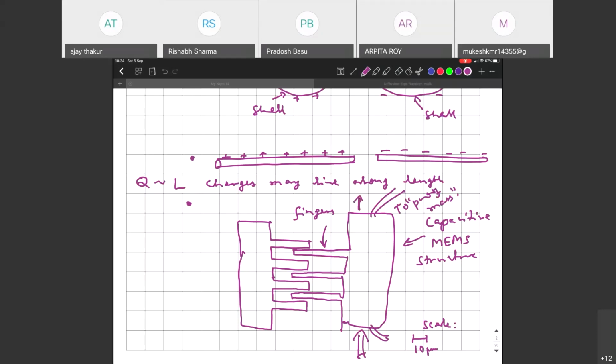So in that situation, these fingers will move with respect to the static. So this one is a fixed part, and this one is a moving part. Okay, and this is the movement direction.